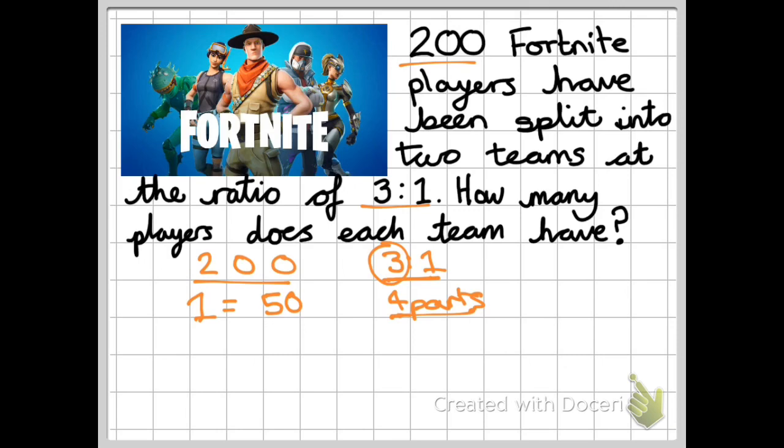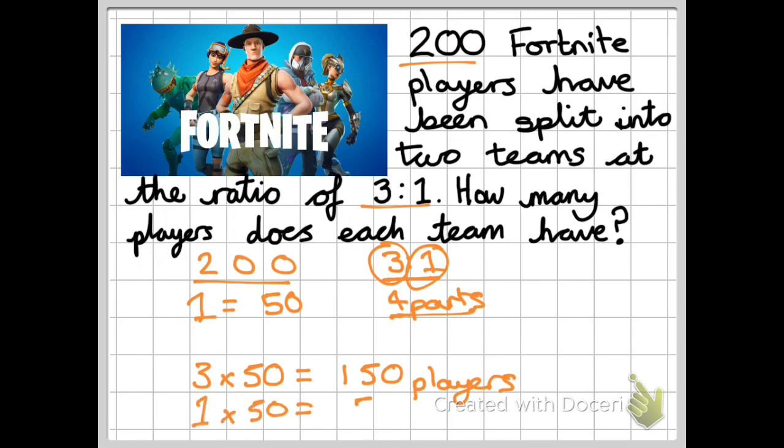It would be 3 multiplied by 50, and that gives us 150 players. And then the other team has just 1 part, so that would be 1 times 50, and that would be 50 players.